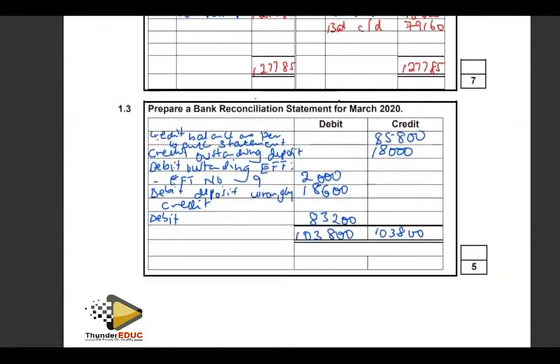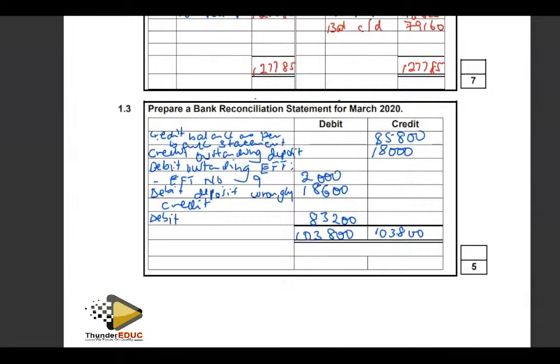I wanted to show you something. Let me add these figures again. Maybe there is some total we wrote wrongly. I'll need to cross-check. 800 plus 18,000 minus 2,000, and we never left here, minus 18,600. It is 83.